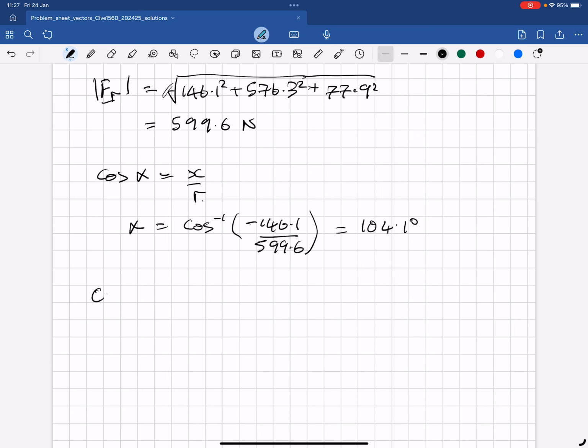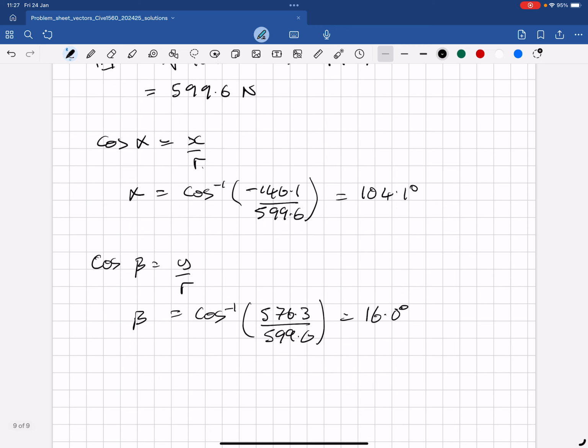We have cos beta equals y over r, so beta equals cos to the minus 1 of 576.3 over 599.6, which comes out to be 116.0 degrees.